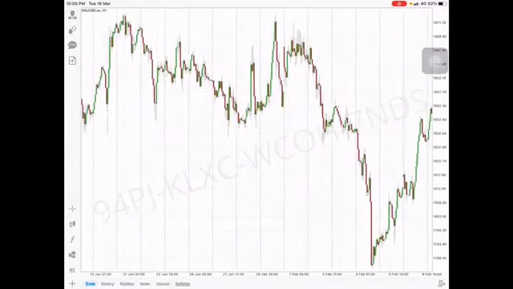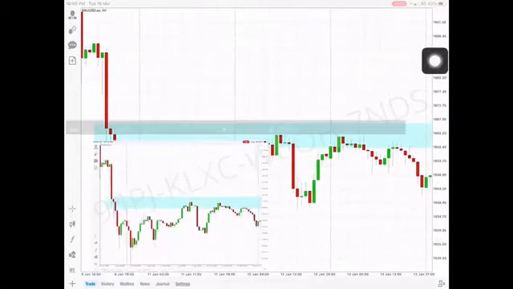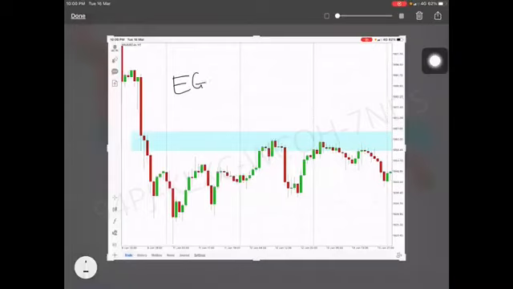Now, do you think this zone can be used? Is there any EG? No. Is there any EF? Is there any sideways?